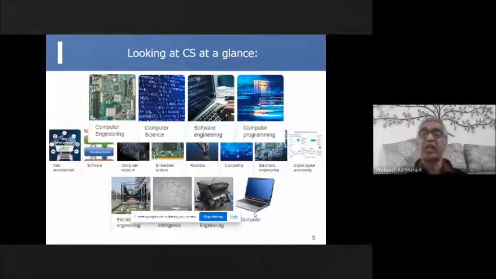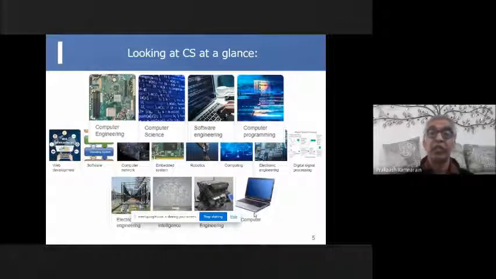Looking at computer science at a glance, we can see that there are many avenues for your child to flourish in, depending on their likes and strengths after they do the course at A level.